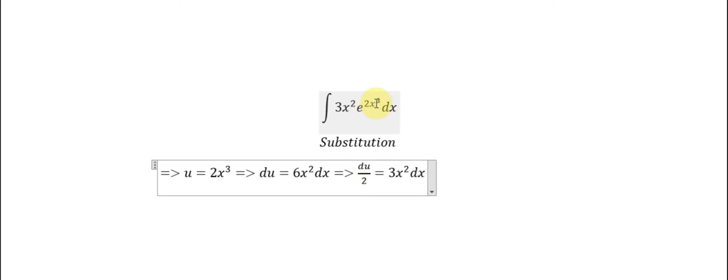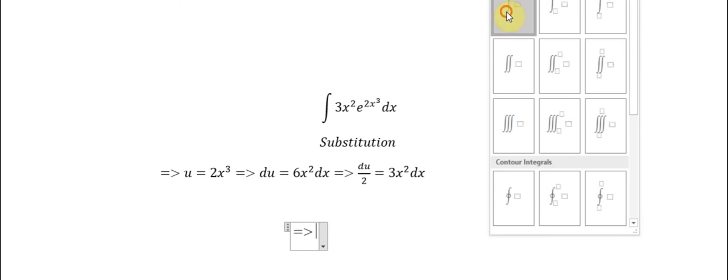The e power of this changes to u, and we get e^u divided by 2 plus c.